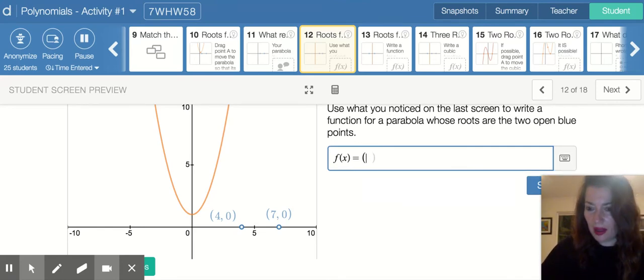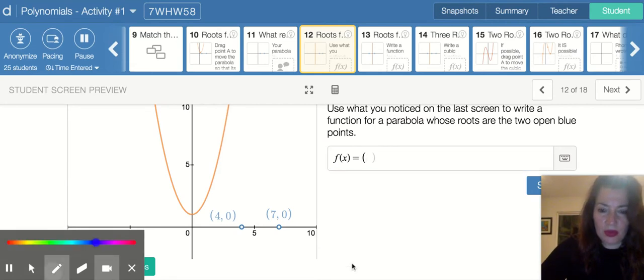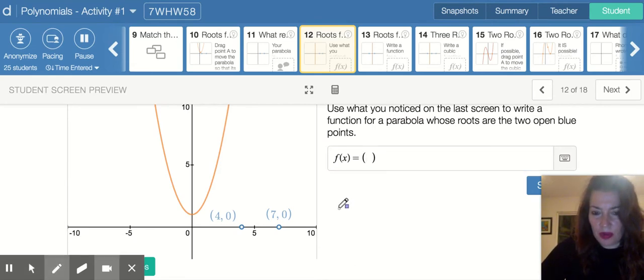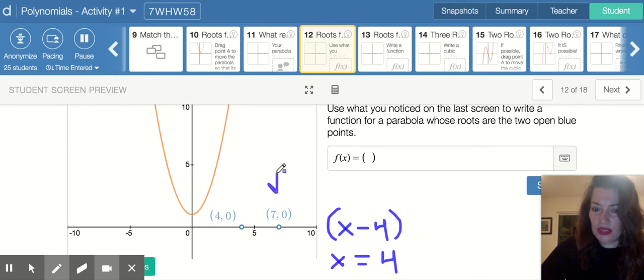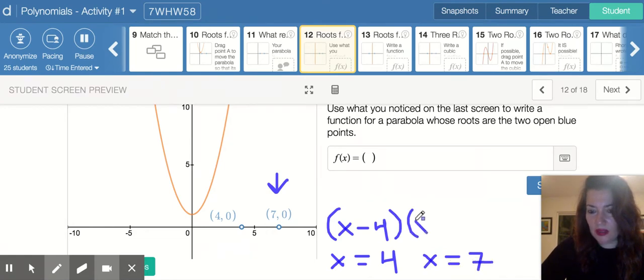That means, if you remember, using the zero product property, if I have a root at x equals 4, if we subtracted 4 on both sides, we would get x minus 4. And if we did the same thing for the 7, if I have that x equals 7 and we subtracted 7 on both sides, we would get x minus 7.